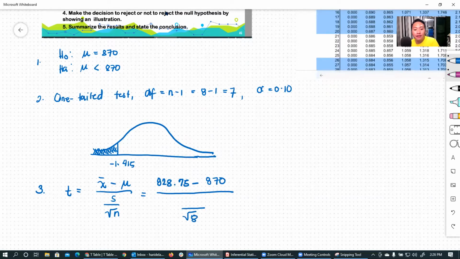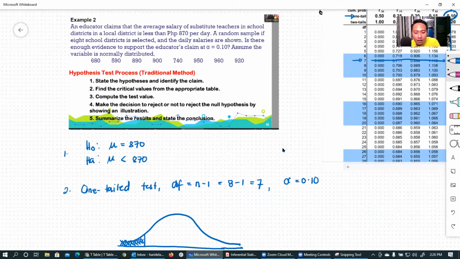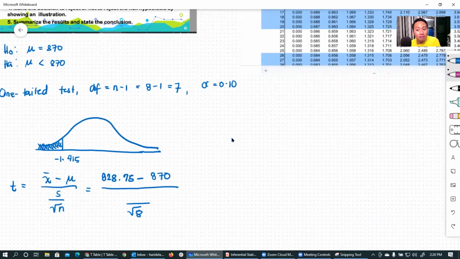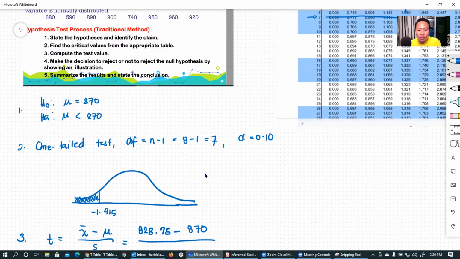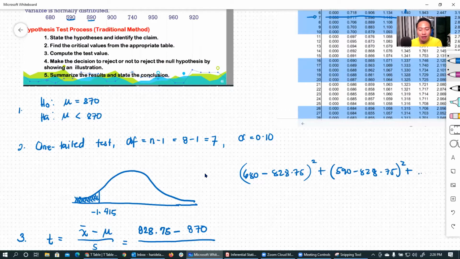And the sample standard deviation will be solved using the data that we have here, guys. So I hope you can still remember how to solve for the sample standard deviation. What you would need to do is this. You do this, 680 minus the mean, 828.75 squared plus 590 minus 828.75 squared plus, as before, plus dot dot until you reach the last number.